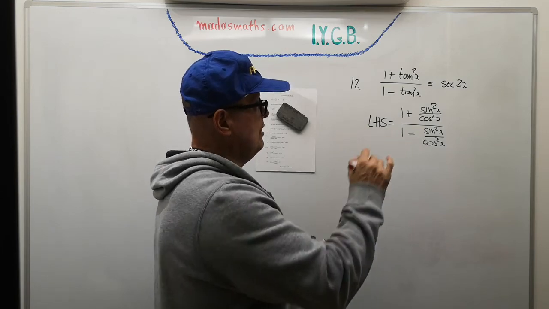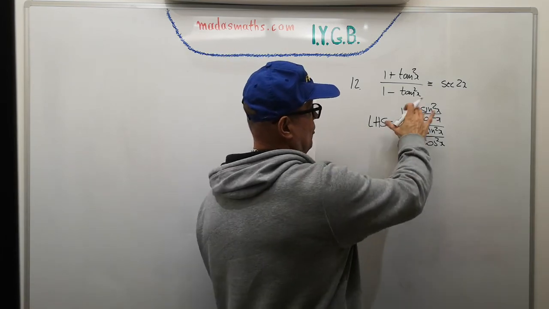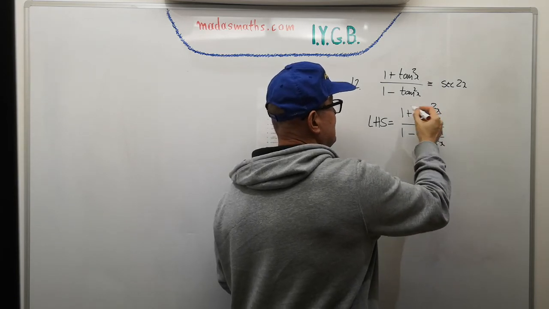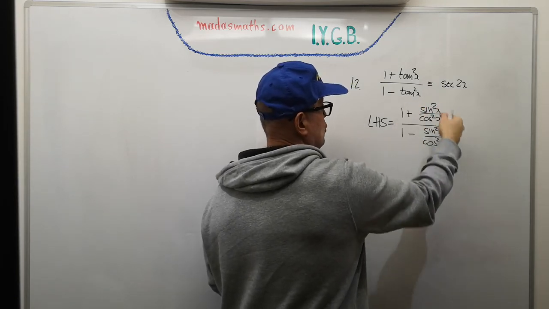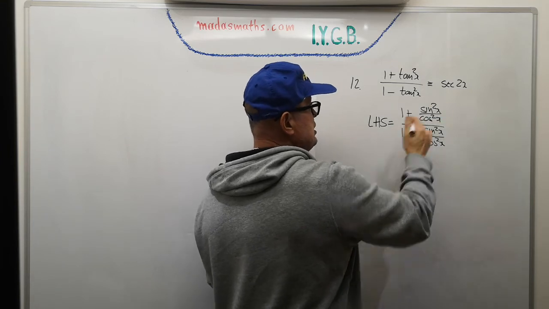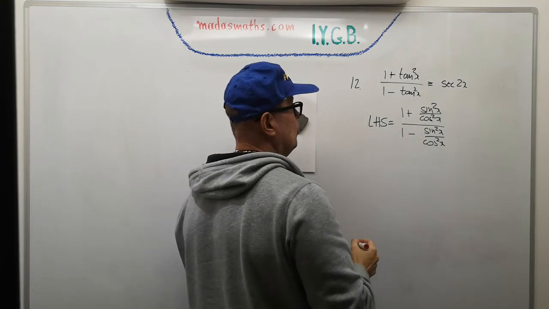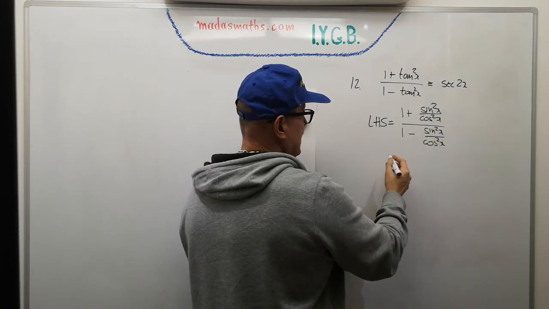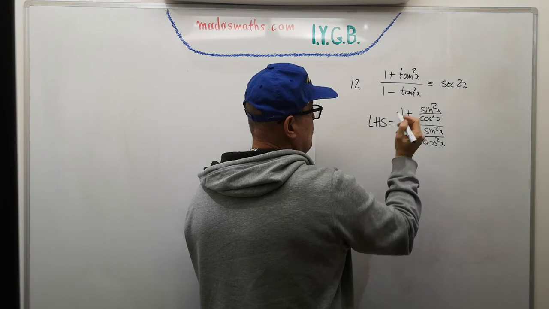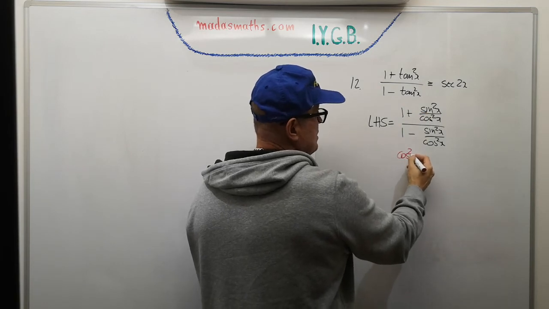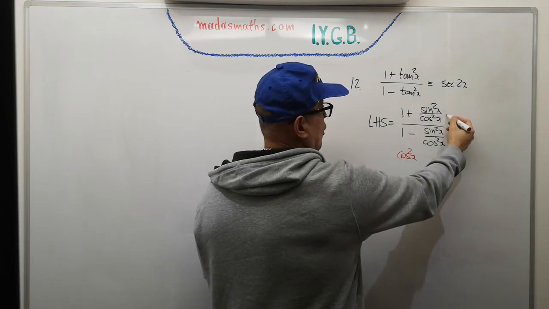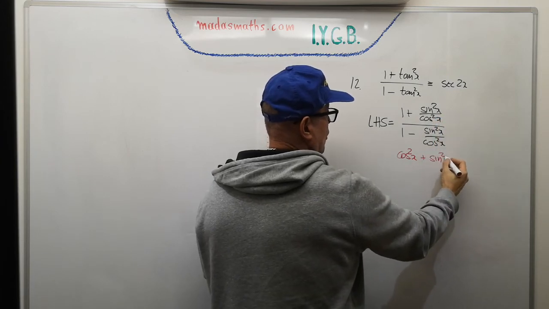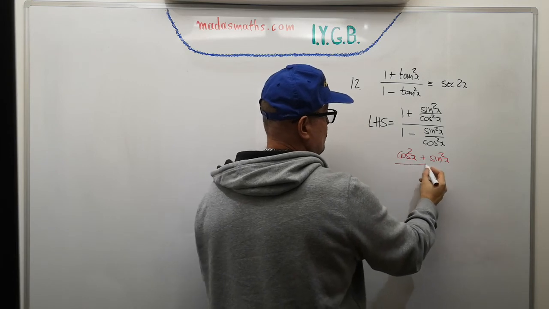I'm going to multiply each of the 4 lumps of the double fraction by cos squared, because then everything will cancel. Times the 1 by cos squared gives simply cos squared, the cos squared cancels, plus sine squared of x. That's good because that's of course 1.